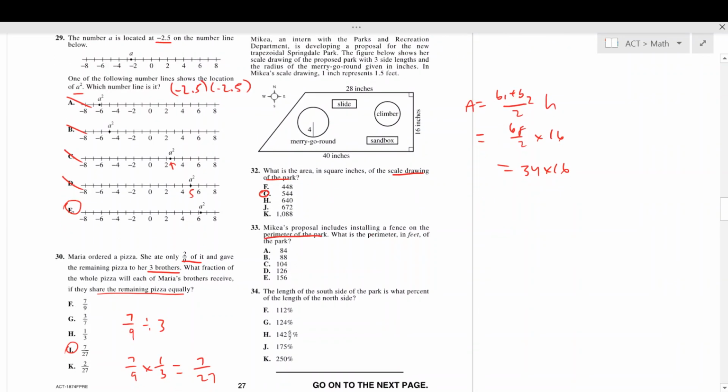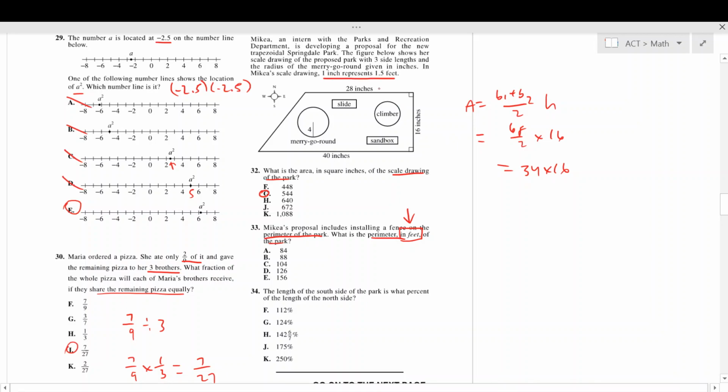The fence on the perimeter of the park was a perimeter in feet, right? In a previous question we also had a unit in the question, and it wasn't something we needed to get the right answer. But in this question, this is something you must consider if you want to get the right answer.